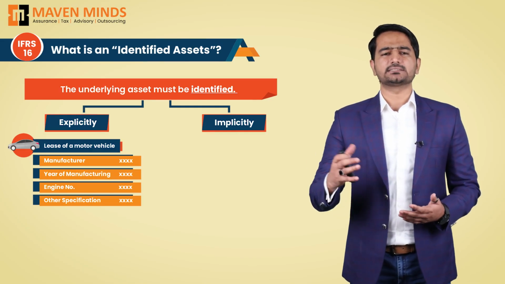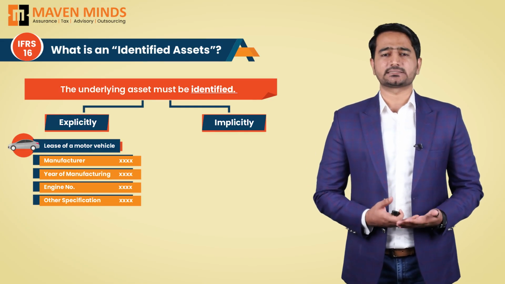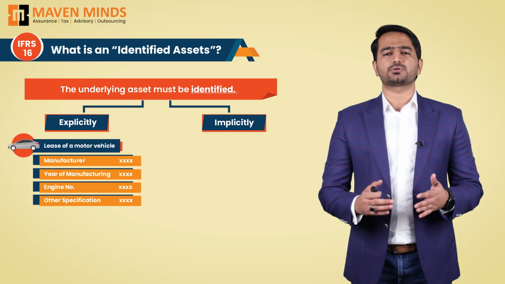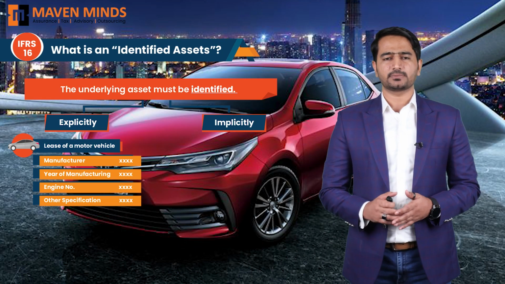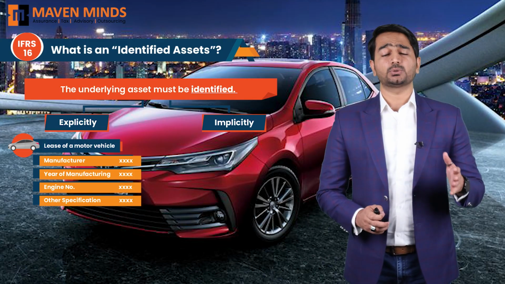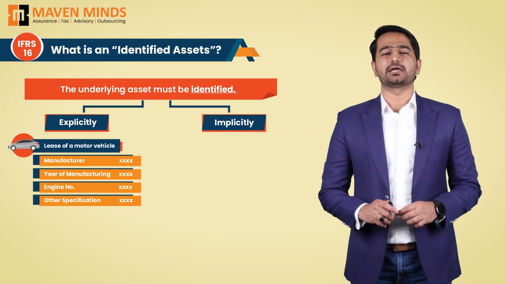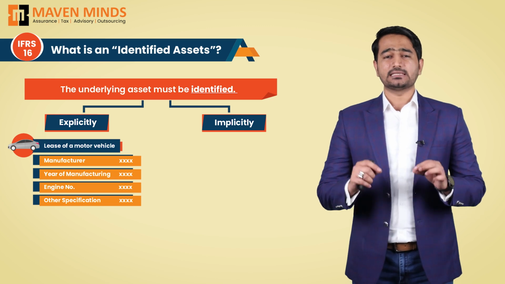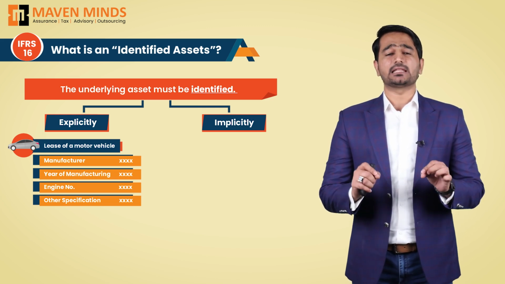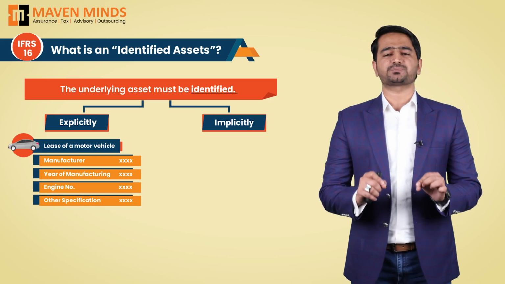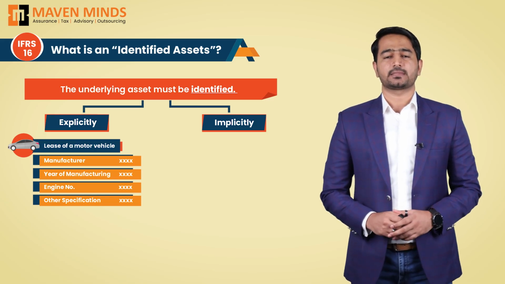Imagine you are leasing a car and the contract says you are getting a 2024 model Toyota Corolla, red in color, with a 2000cc engine capacity. That's an explicitly identified asset. The asset is clearly described and there is no doubt about which specific car you are getting.